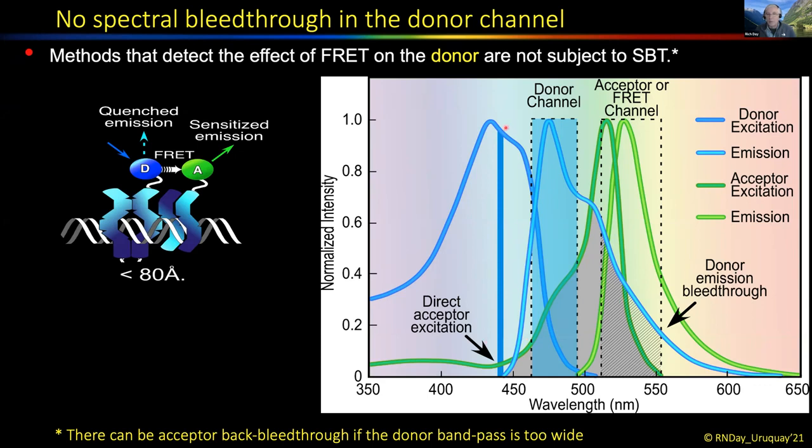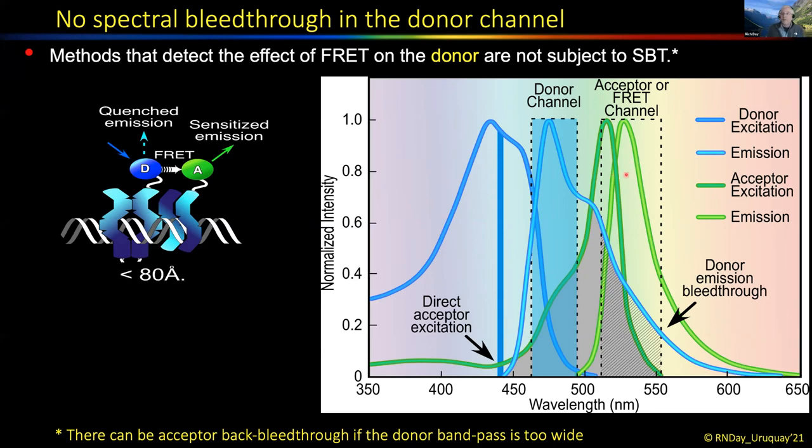For example, no matter where I excite my donor, I'm going to get some direct excitation of the acceptor, that's shown here. And no matter how I set my acceptor channel, there's always going to be donor bleed through into that acceptor channel. These two components have to be accounted for if I want to measure FRET by sensitized emission.